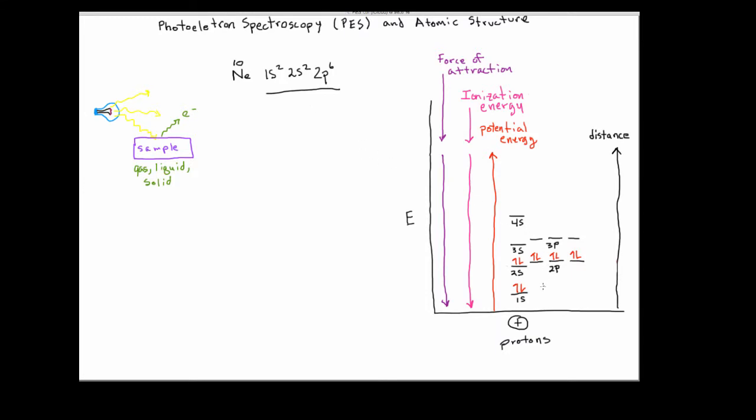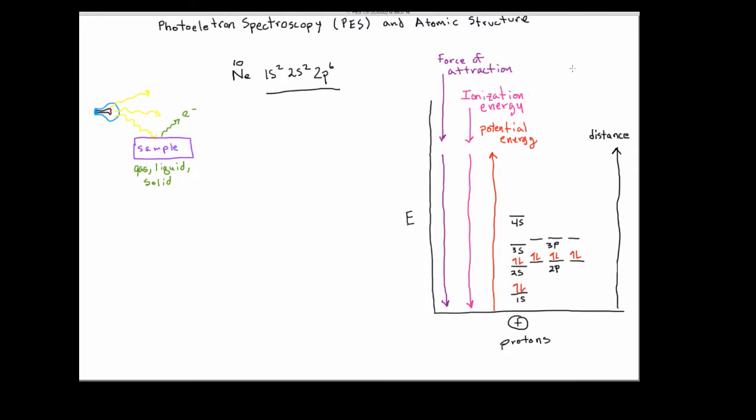So on the right, what I've done is converted the electron configuration of neon into the orbital diagram that has been arranged in terms of a number of different factors: the potential energy of the electrons, the ionization energy relationship, and force of attraction. So let's take a couple of minutes to look at what I mean by this.